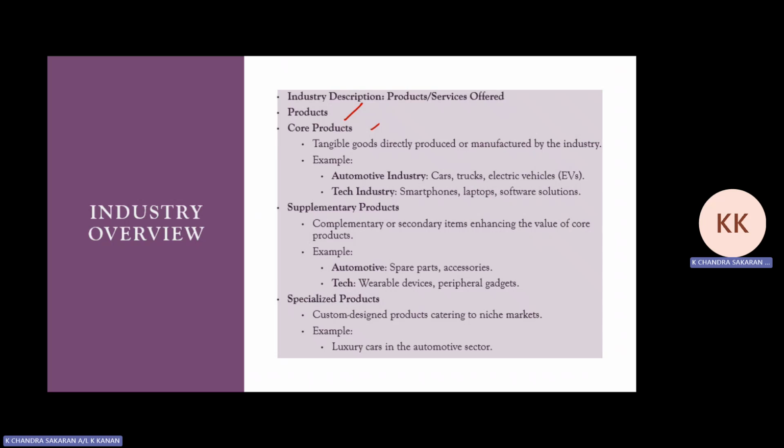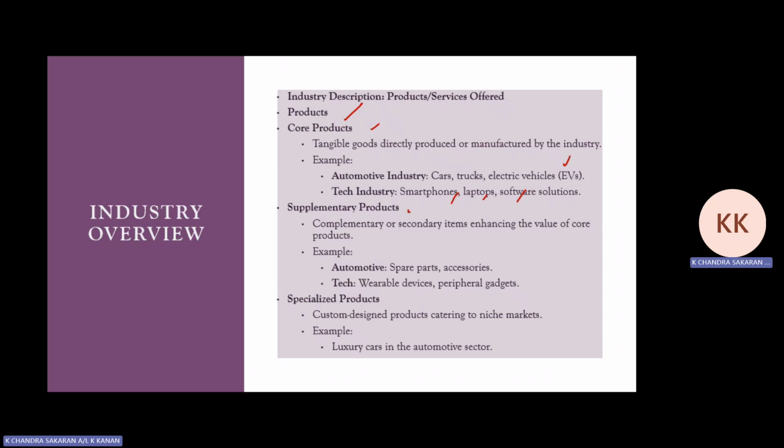If you're talking about the hotel industry, you're talking about food, providing food for your clients. Car industry: cars, trucks, and now EVs. This industry is progressing and trying to introduce new types of cars, EVs. Or for example the technology industry: smartphones, laptops, software solutions. These are the products they provide in that particular industry.